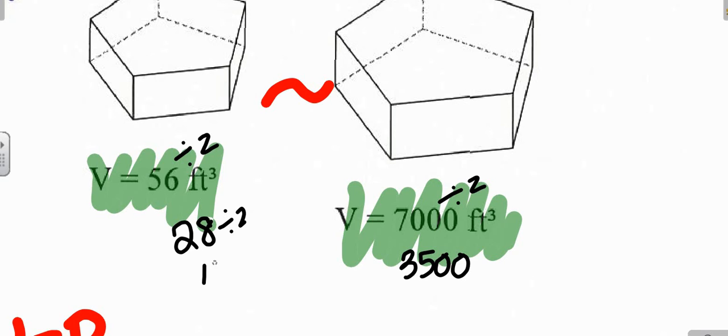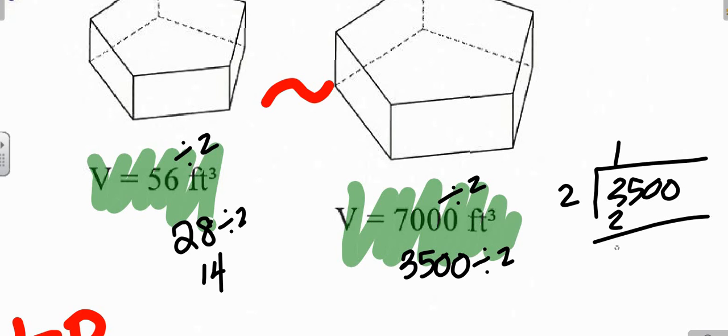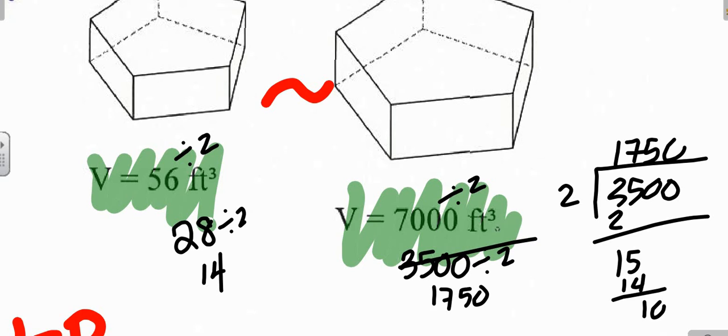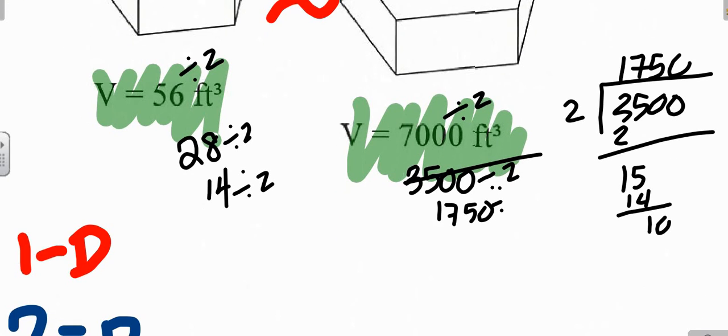Dividing by 2 gets me 14. 1750 again gives me 7.